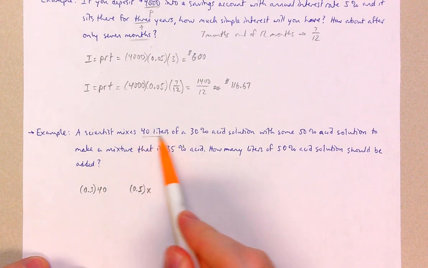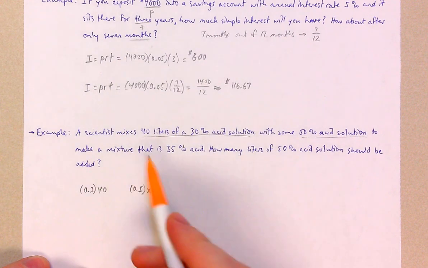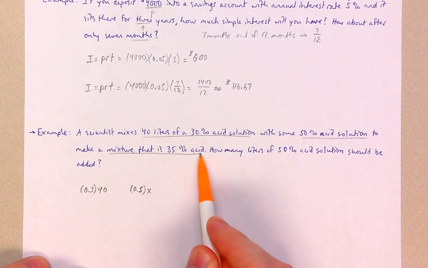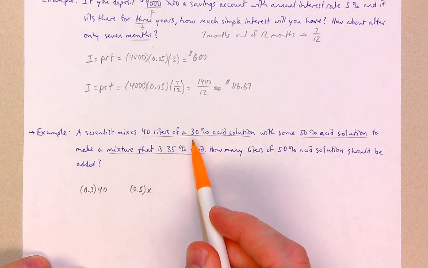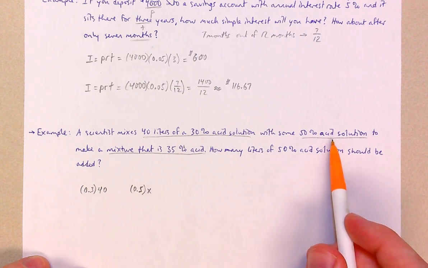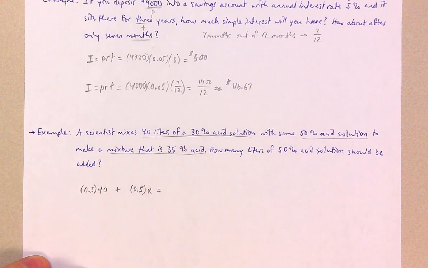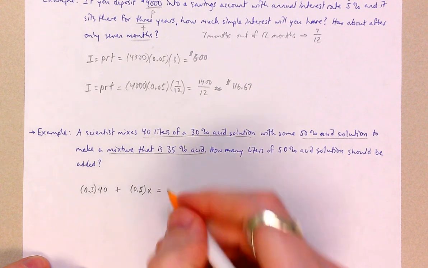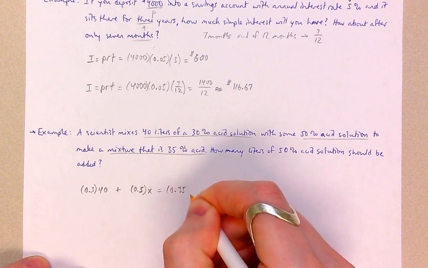And the problem says when I combine these things, it's going to be a mixture that is 35% acid. So this is how much acid is in the first solution. This is how much acid is in the second one. And it says that when I combine these, or when I add these, I'm going to get a mixture that is 35% acid. 35% as a decimal is 0.35.